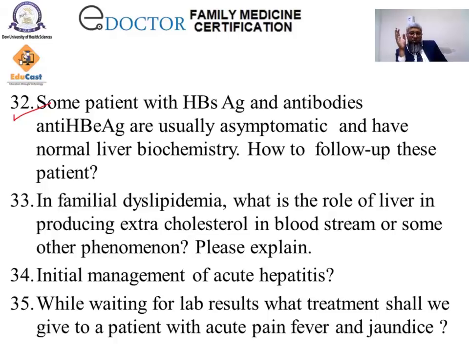You just keep them on HCC surveillance and get their hepatitis B DNA PCR yearly. If your ALT goes high, check PCR at that time, otherwise every year. And if this is high and that comes into the therapeutic range, you treat.